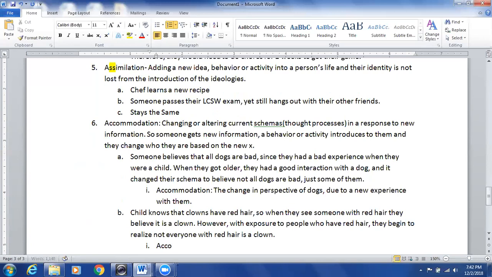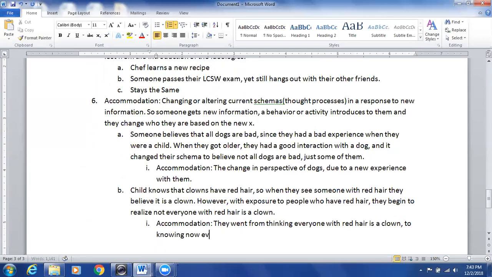So the accommodation here, they went from thinking everyone with red hair is a clown to knowing not everyone who has red hair is a clown.